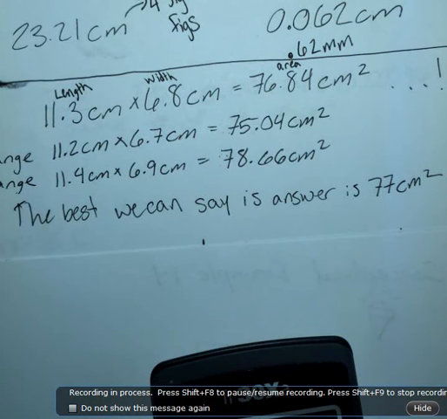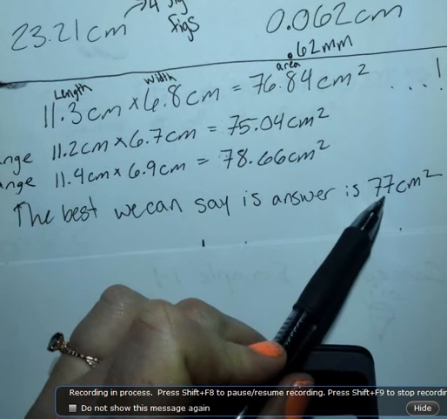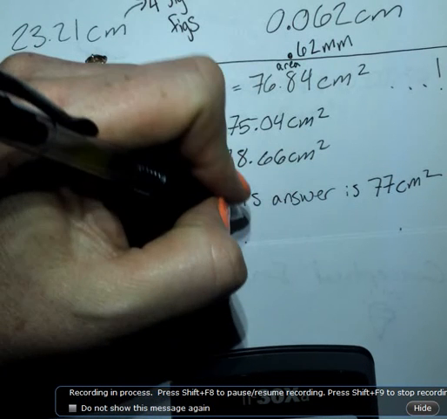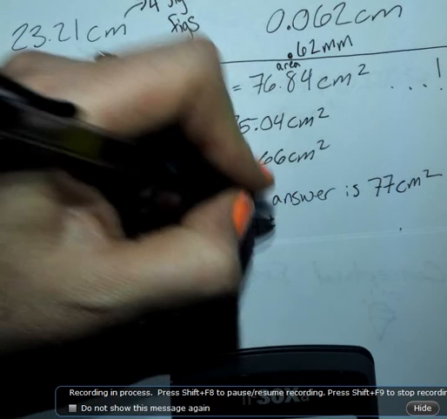Well, when we talk about our uncertainty, now our uncertainty is in the ones place, right? So that means that our uncertainty is 77 plus or minus, and we're going to say 2.